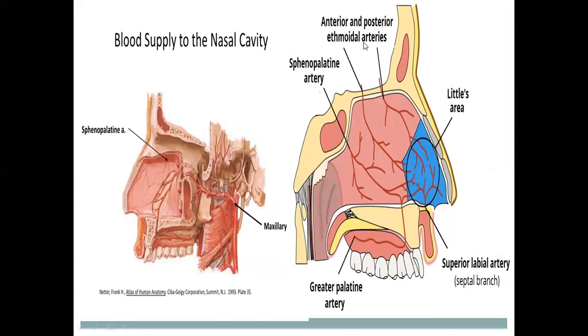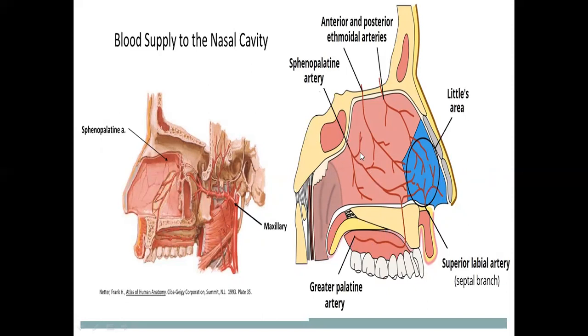So this is the maxillary artery, and it is giving the sphenopalatine artery, which is the major branch of the maxillary artery. And these are the greater and the lesser palatine arteries. This is the greater palatine artery, which is also a branch of the maxillary artery.